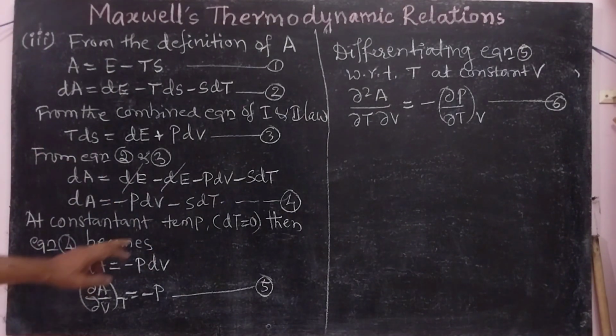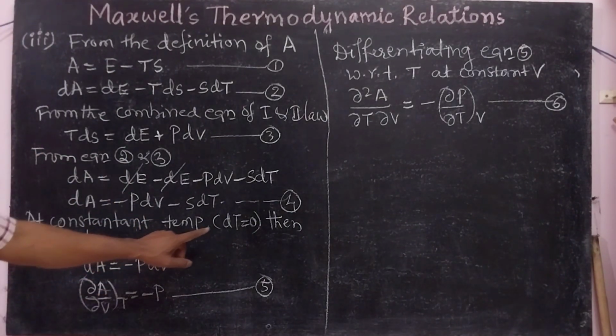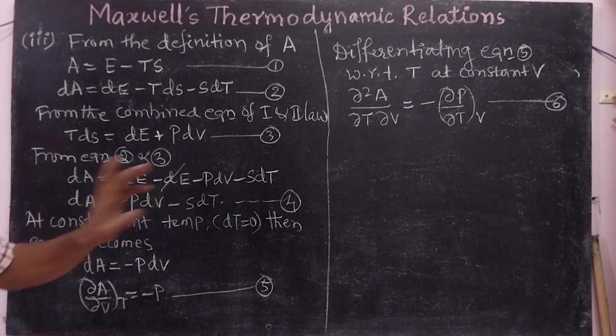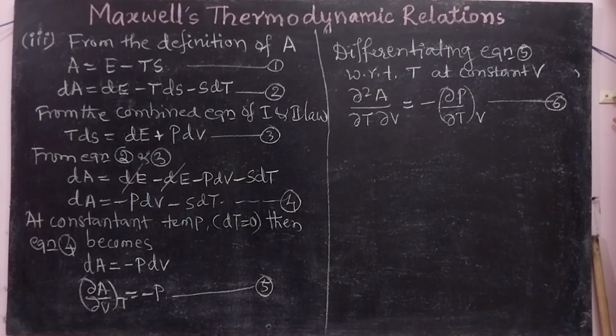One was at constant T and V varied. Now in this case, you keep the V constant and T is varied.